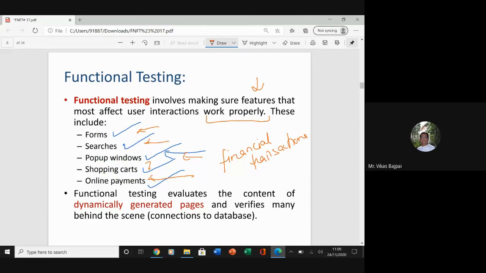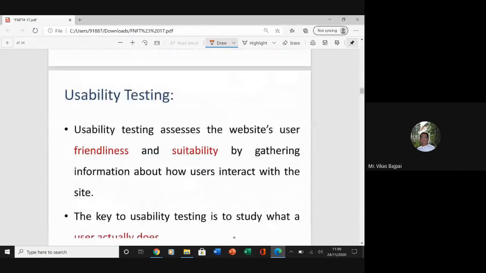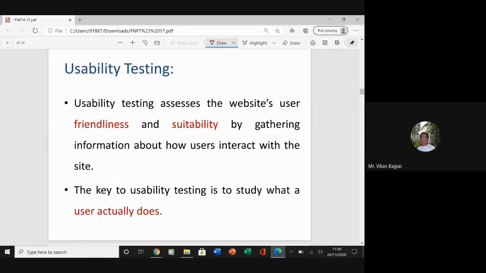Then we have functional testing, which evaluates the content of the dynamically generated pages, right? Some of the pages are generated dynamically, and it verifies some of the background connections to the databases. And I guess we have to start from the usability testing part, right? So once again, this is something which is subjective in nature, right?